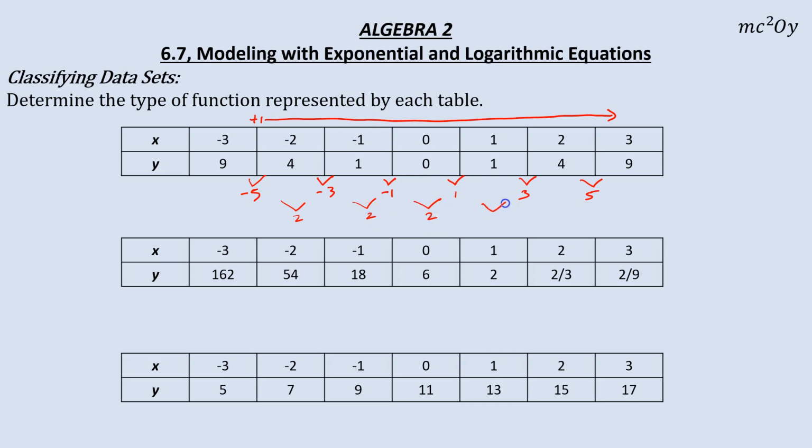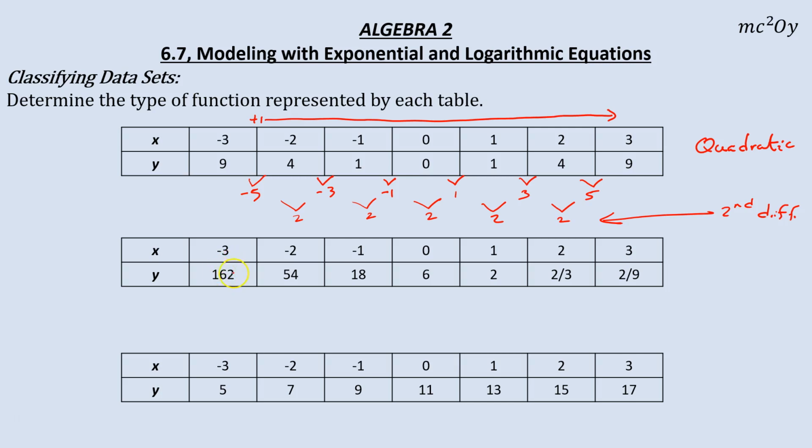Add 2, add 2, add 2. So the second difference is the same. We covered that earlier in the year. That means it is quadratic. If the third difference was the same, it would be cubic, or third power, and so on.